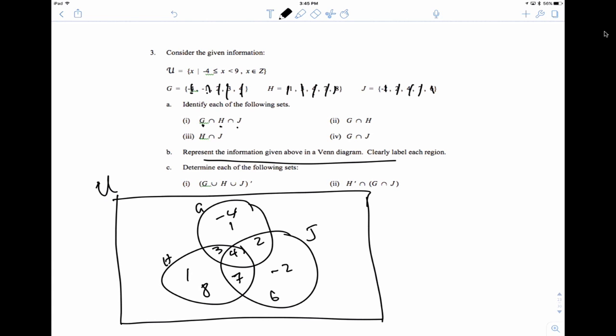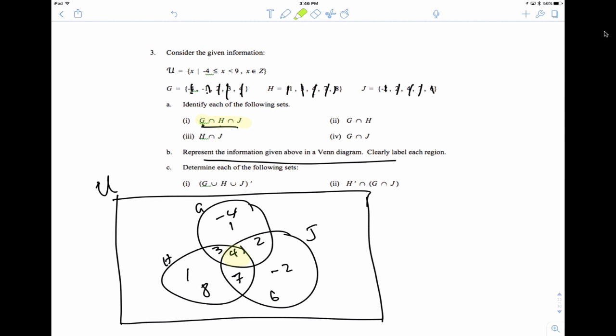So identify, now it's just easier. It's easier, I think, to see from the Venn diagram the intersection of G, H, and J. I'm going to do it in green. 4 is the only one which is in all 3.